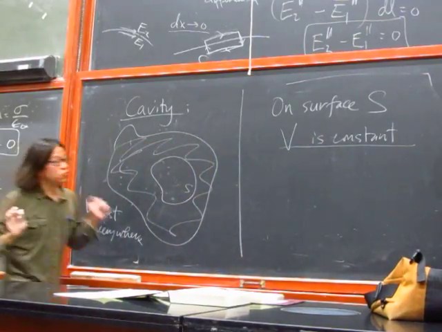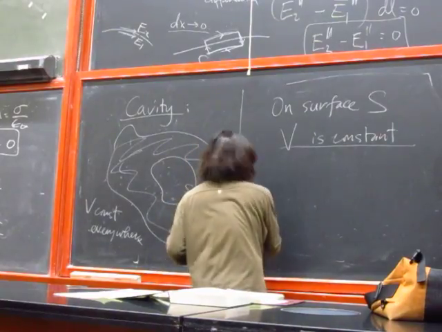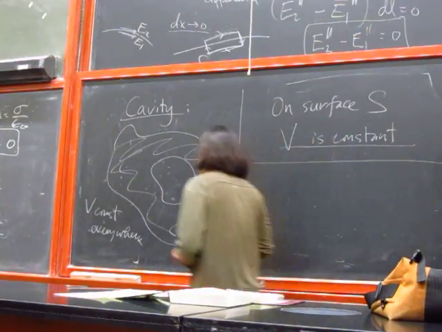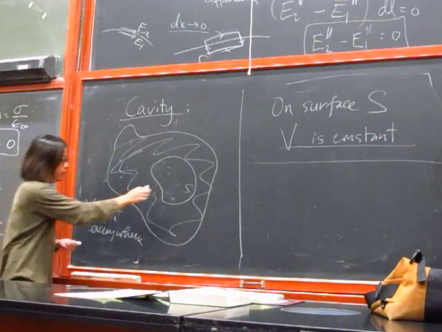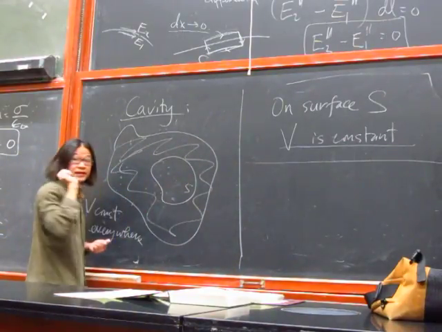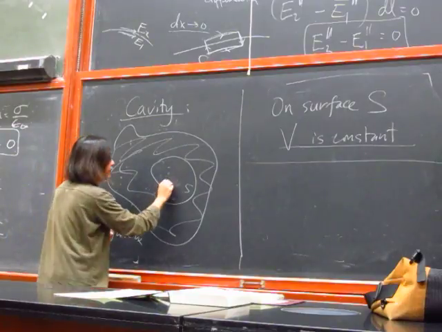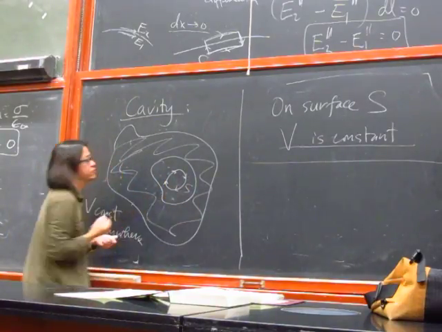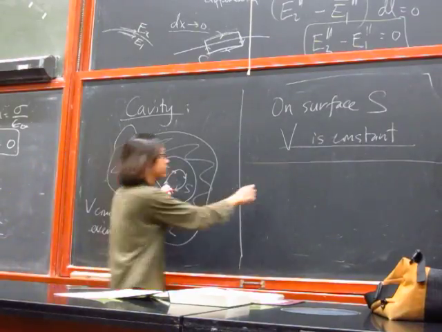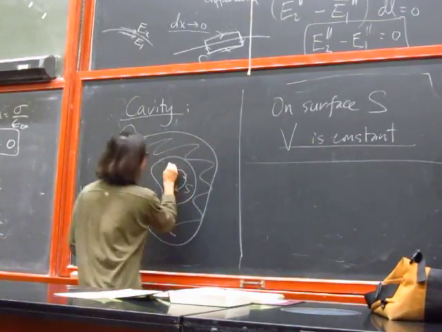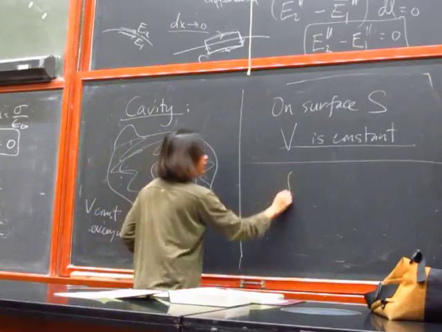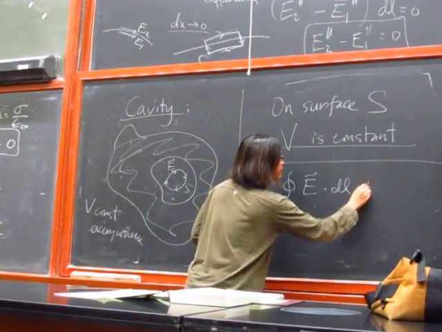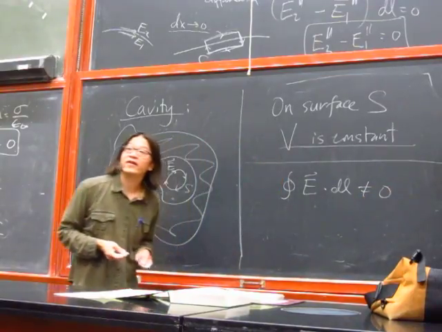There are two ways to actually show this. I'm not going to follow Purcell. Inside here, if there's an electric field, it cannot close onto itself. If I have something like that, if this is my electric field, then this is not equal to 0.